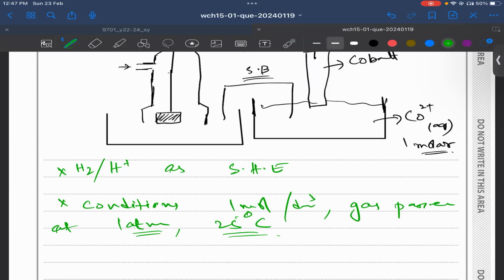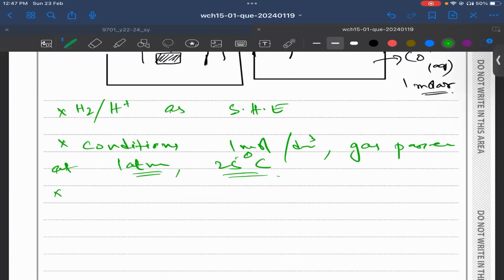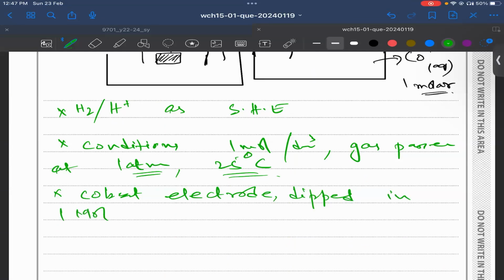These will be the conditions. And the cobalt electrode is dipped in 1 mole per dm cube cobalt ion solution.